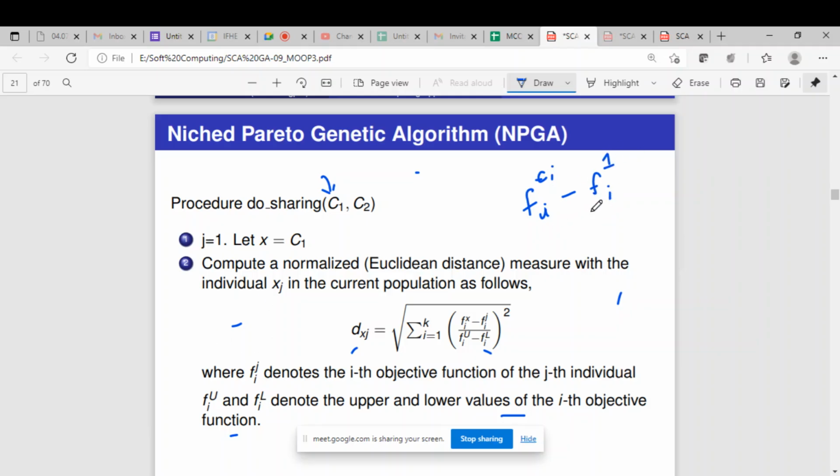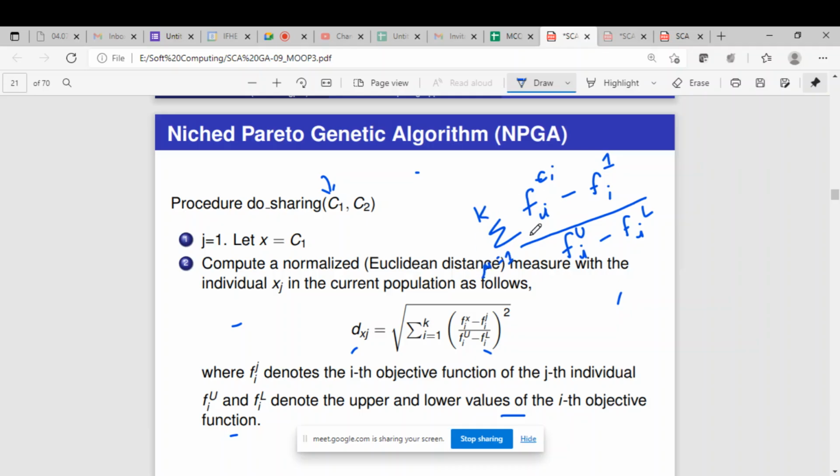Here i represents the objective function, divided by fi u minus fi l. Sigma i equals 1 to k, where i is the objective function. So this goes for k rounds, where k is the number of objective functions.